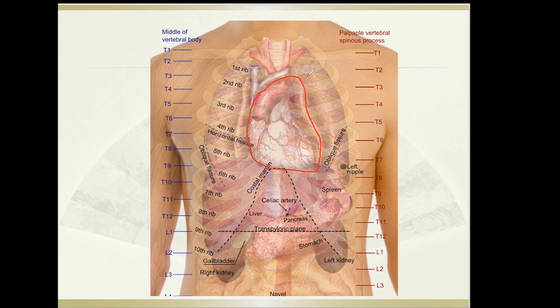And around the heart, it is the lung, on both sides. And certainly some ribs will cover the heart also. So when we percuss the heart, remember our fingers go to the intercostal space, not over the rib area.